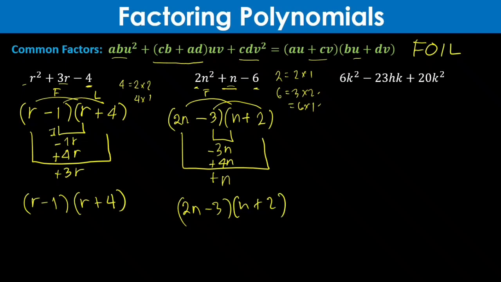Okay, next for this one, we have 6. Factor 6 is 6 times 1 and 2 times 3. The factor of 20, okay, we have several for 20. 4 times 5, 10 times 2, 20 times 1.